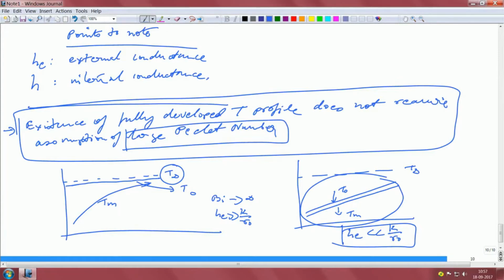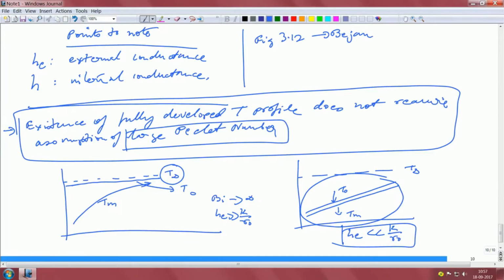If you look at any other fluid flow, you can refer to figure 3.12 of Bejan, Convective Heat Transfer. There you will find the Nusselt number variation with Biot number. Here we have drawn the two extreme cases.